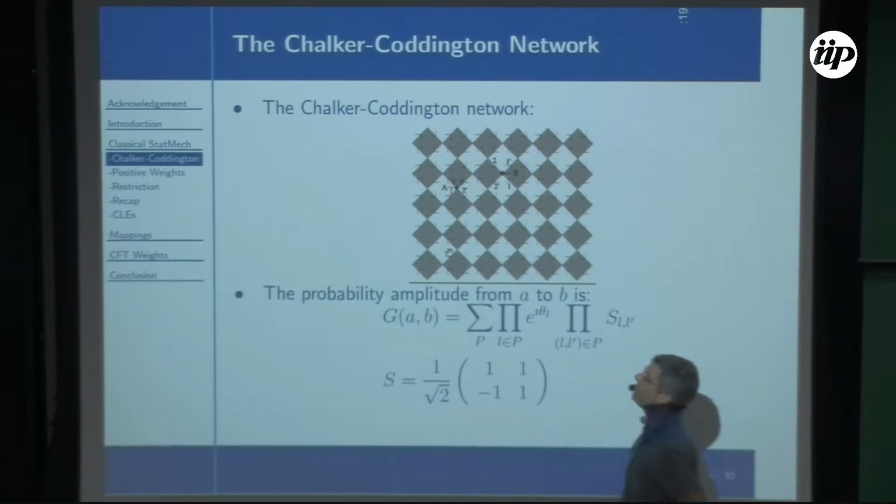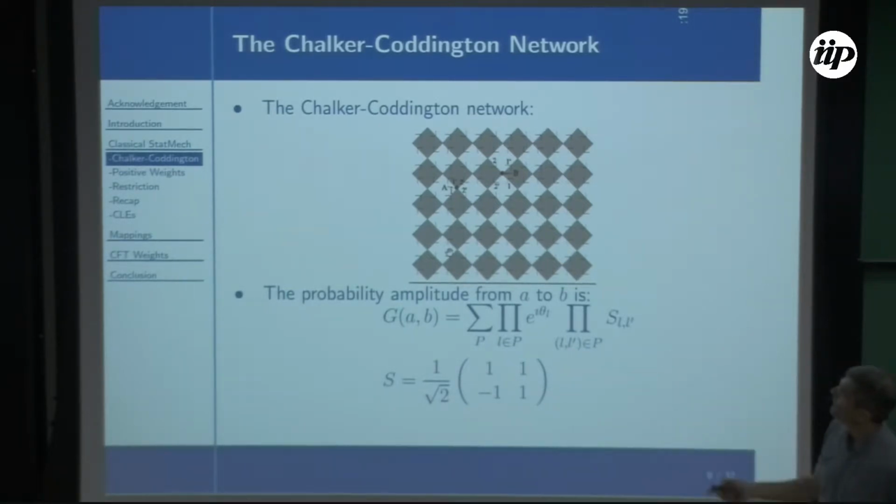So this is G_AB. So G_AB is the probability amplitude of going from A to B. And to do that, we sum over all the paths that go from A to B. For each path that I draw, I take all the links that the electron traversed in order to go from A to B.